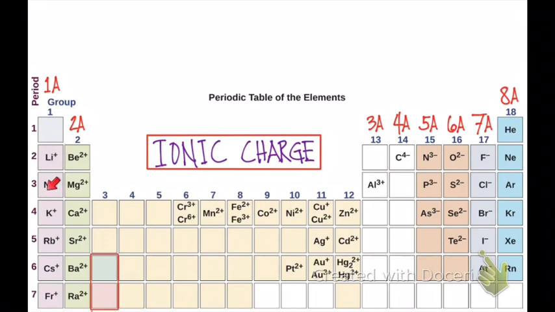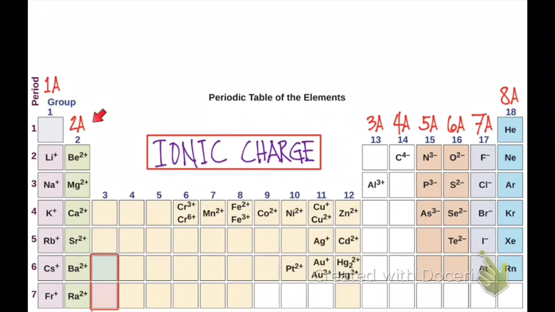Same thing for the rest of the elements in group 1. Group 2 elements, on the other hand, contain 2 valence electrons. And so when these elements react, they lose 2 valence electrons. And when they lose 2 electrons, they become isoelectronic with a noble gas.